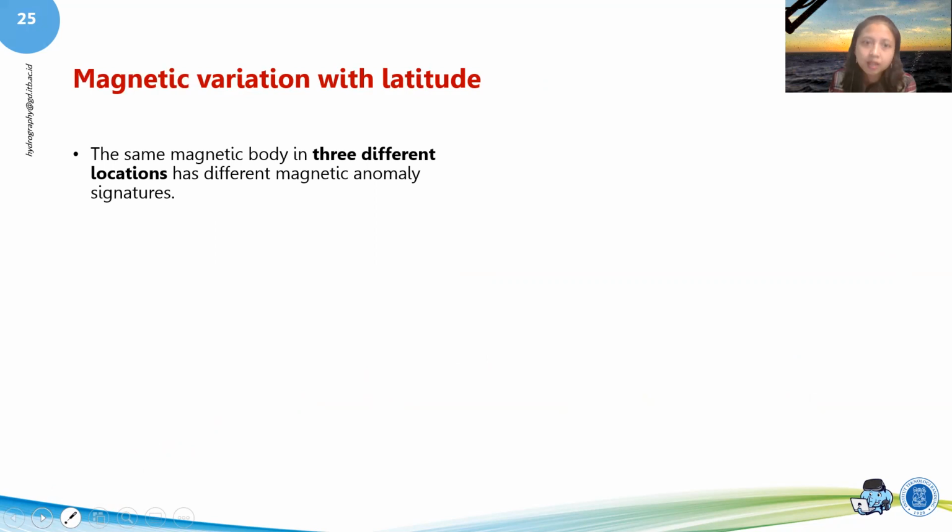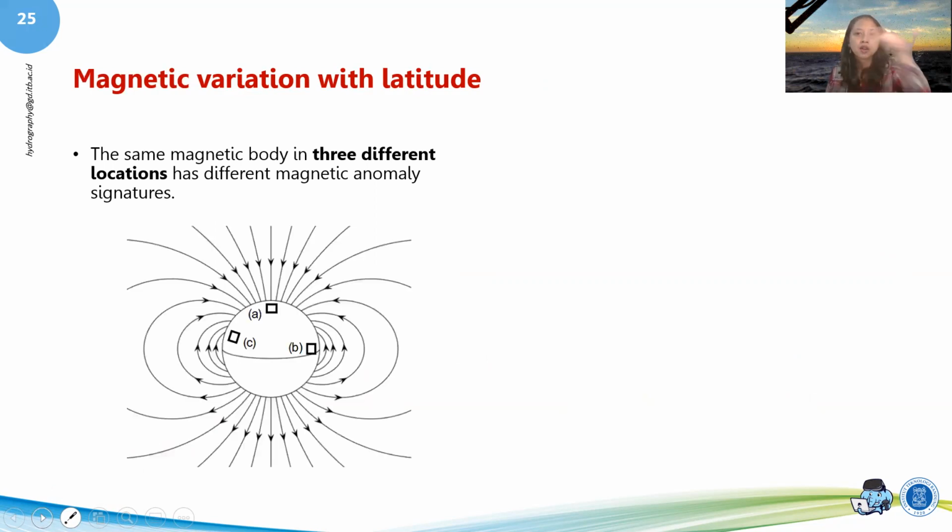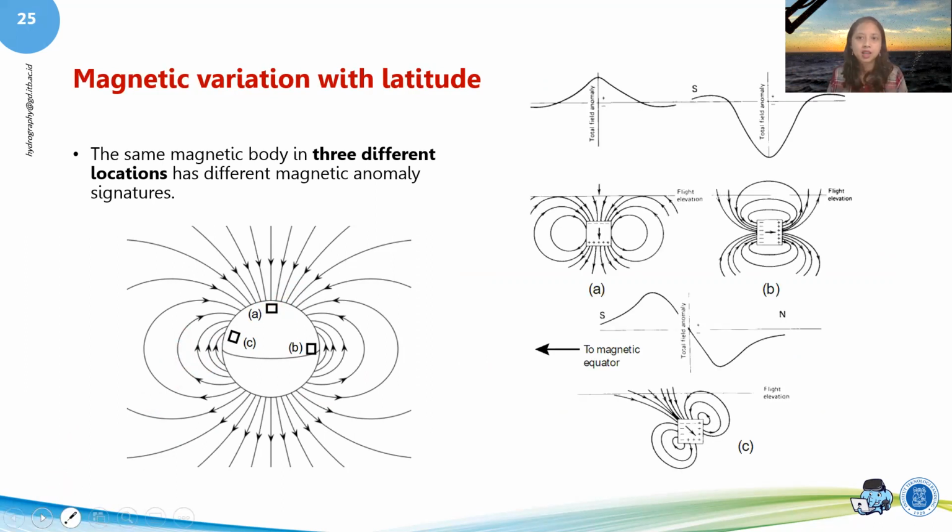The same magnetic body in 3 different locations has different magnetic anomaly signatures. That's our Earth. You've got a magnetic body in A, B, and C, exactly the same one, but it looks like this. So this is how it looks at the North Pole, close to the pole. It will be situated almost on top of the body, and it's positive.